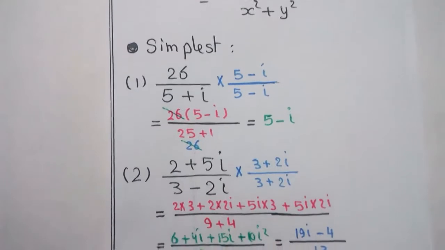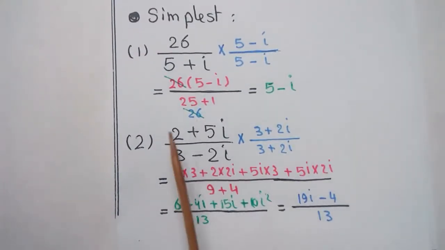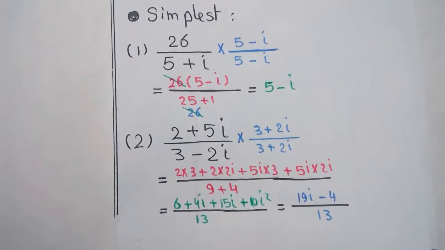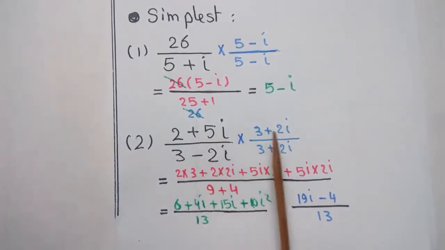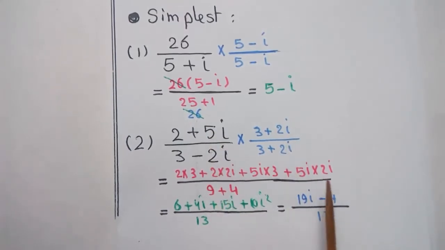Another example. 2 plus 5i over 3 minus 2i, times the conjugate of the denominator, 3 plus 2i, up and down. 2 times 3, 2 times 2i, 5i times 3, 5i times 2i.